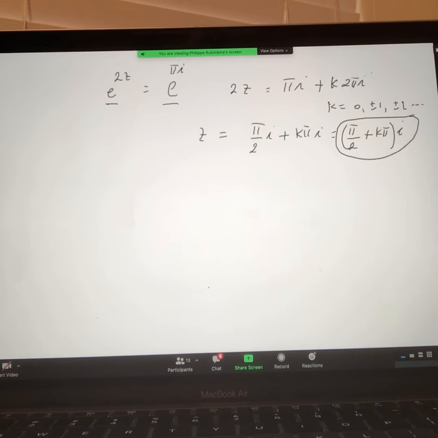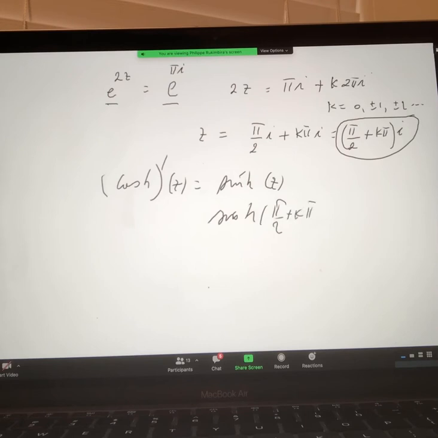These are all the poles. I know they are poles and they are order 1 because the derivative of hyperbolic cosine is hyperbolic sine, and when I plug in this singularity, it doesn't make it 0 anymore. Hyperbolic sine of pi half plus k pi I is not 0.